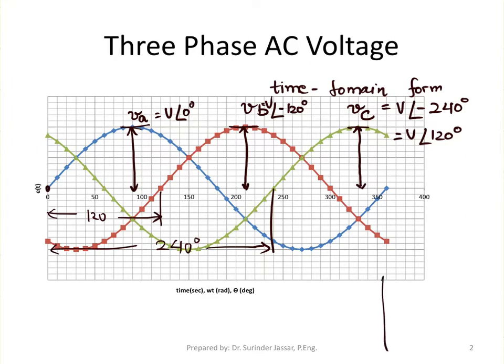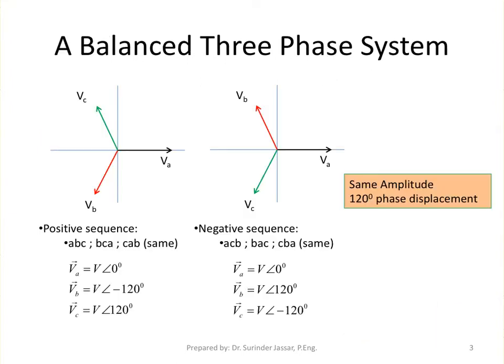So how do you see it? Any phasor which is placed, let's say this is VC, at negative 240 is exactly the same as positive 120 degrees. You can write either one of them. So that's a balanced three-phase. You have three phases, voltage or current, it does not matter, with the same amplitude.